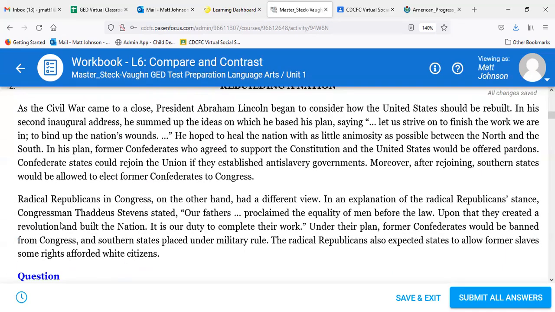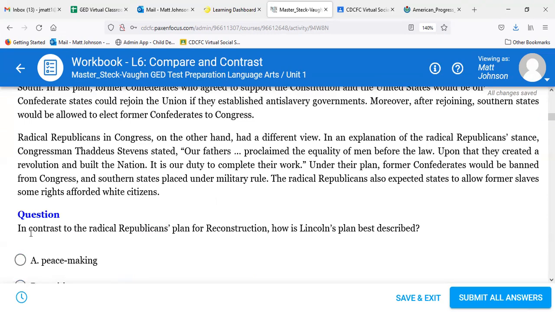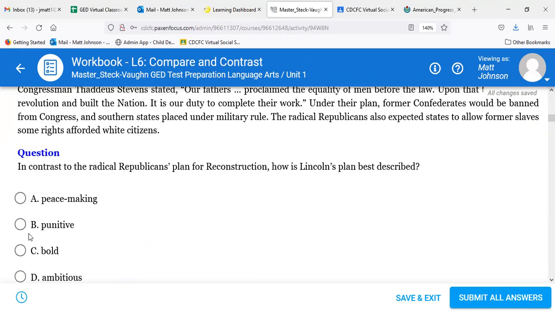Okay, same passage again. So in contrast to the Radical Republicans' plan for Reconstruction, how was Lincoln's plan best described? Is it A, peacemaking, B, punitive, C, bold, or D, ambitious? A, peacemaking, right?